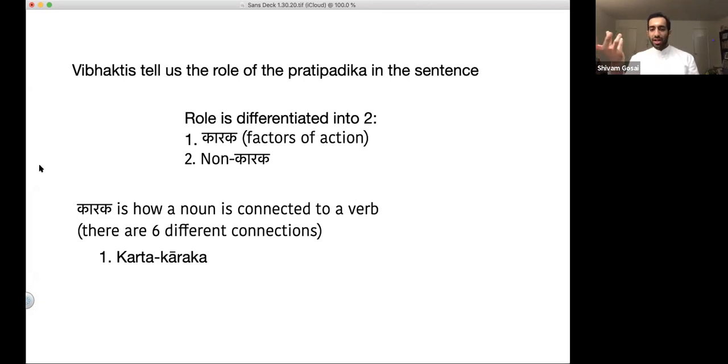So based on a karaka, the vibhakti will communicate a karaka, or the vibhakti can communicate something else other than a karaka. Vibhakti can communicate number 1, or it can communicate something else.